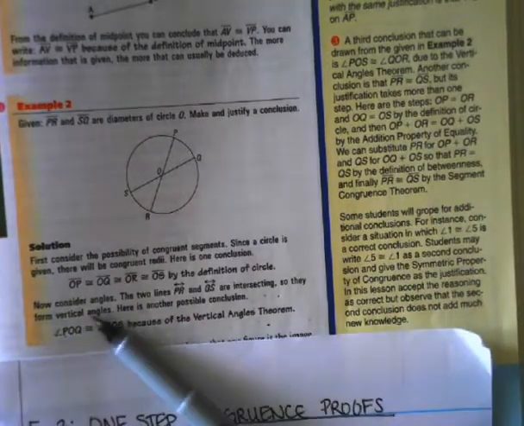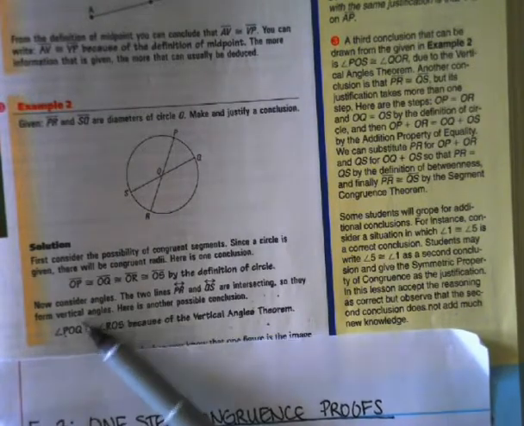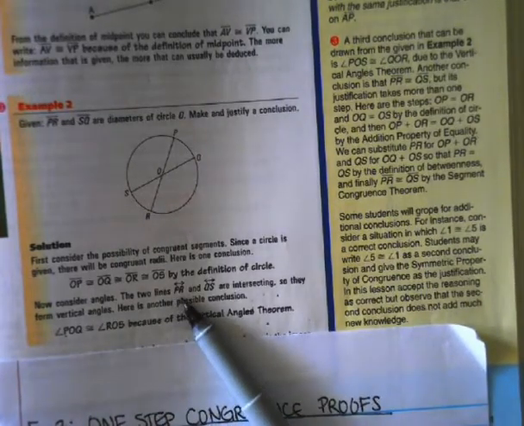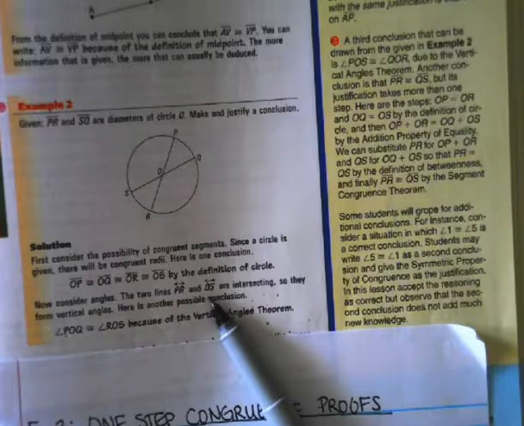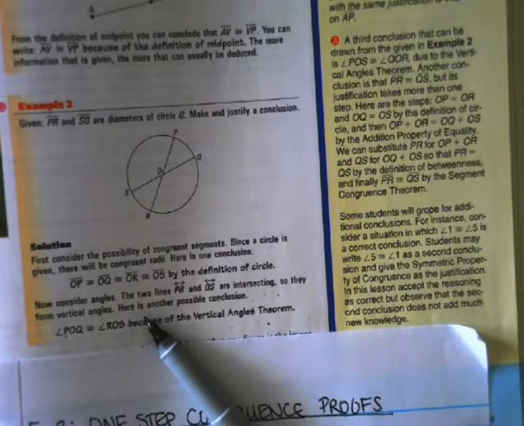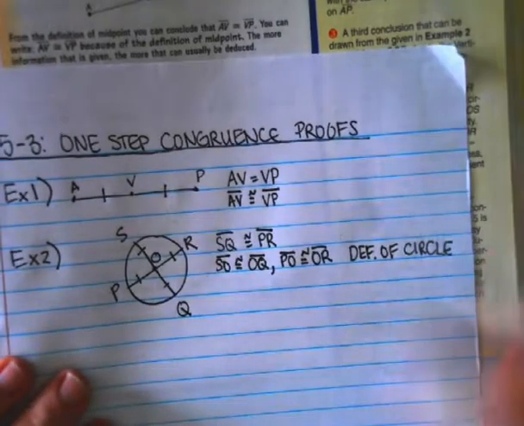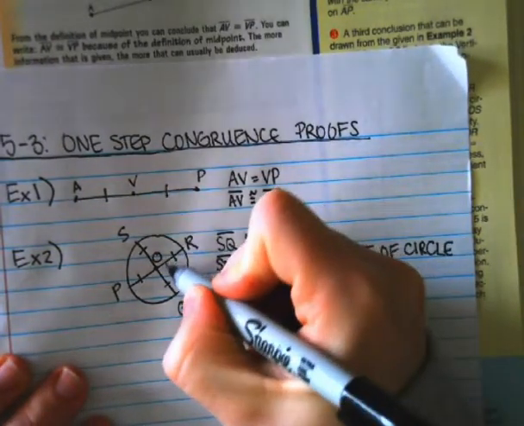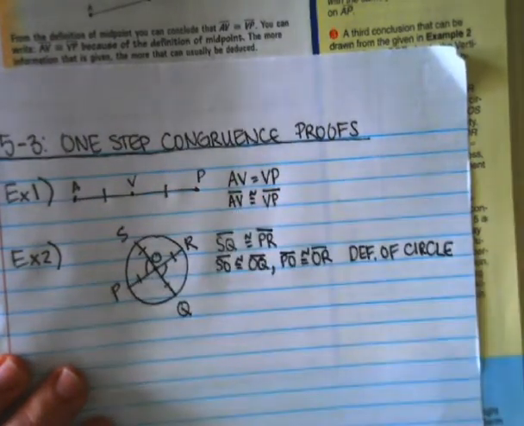I didn't think about the angles. There are some angles that we can look at. PR and QS are intersecting, so they form vertical angles. Very good point. So here's another possible conclusion. So back here, we could talk about this angle and this angle being congruent because they're vertical angles.